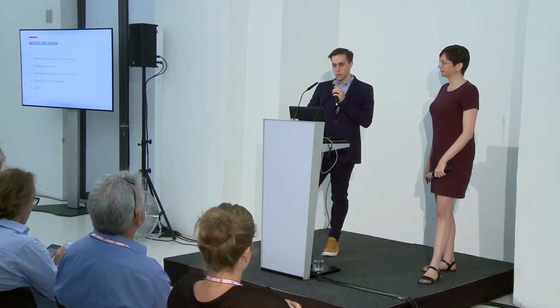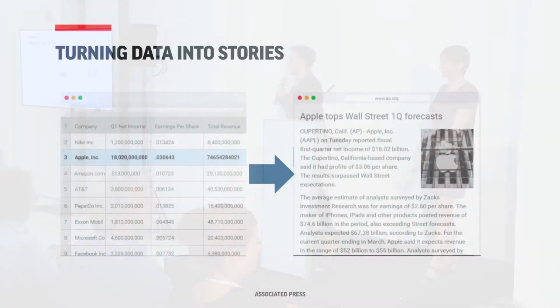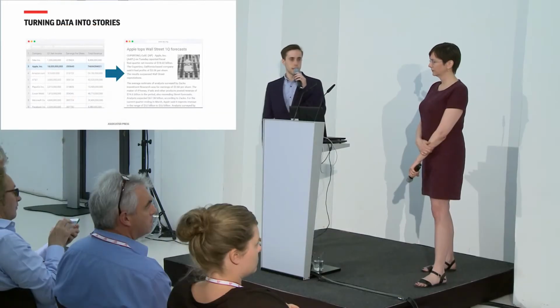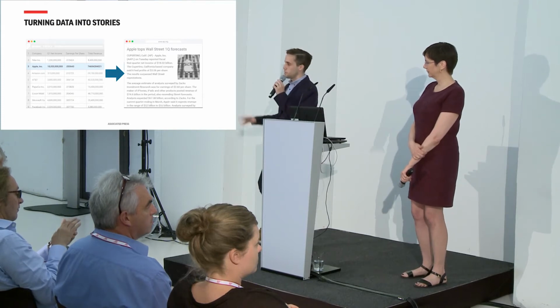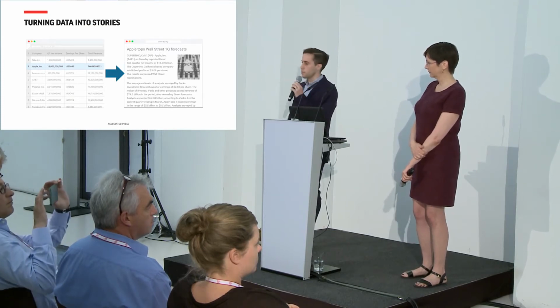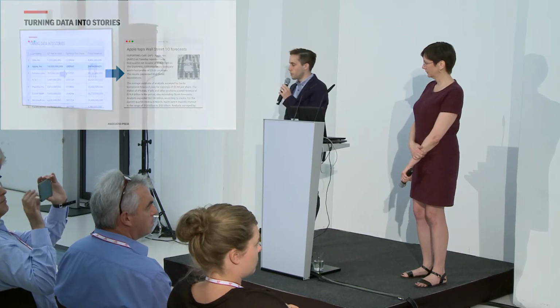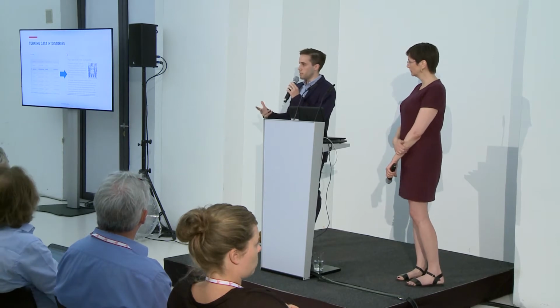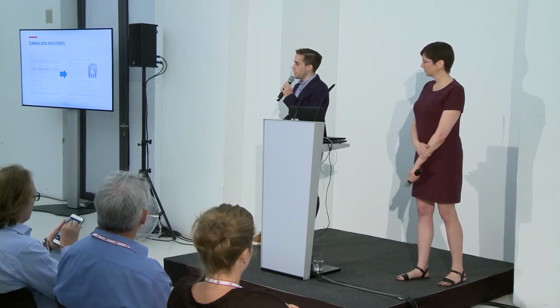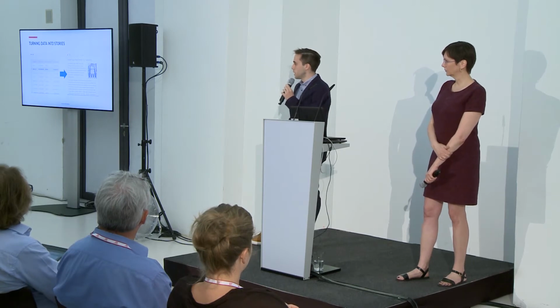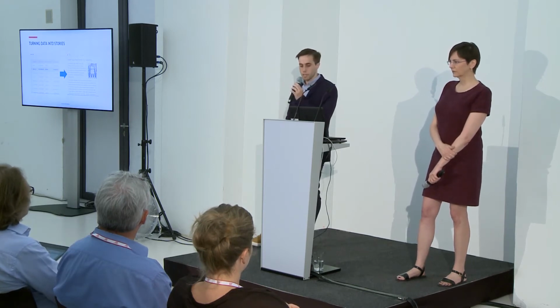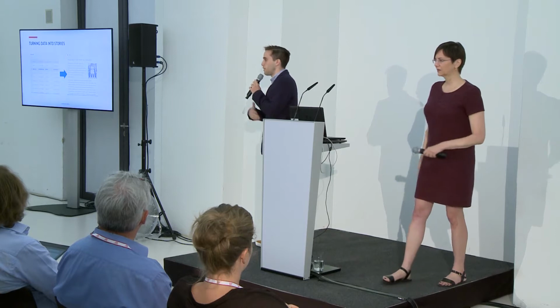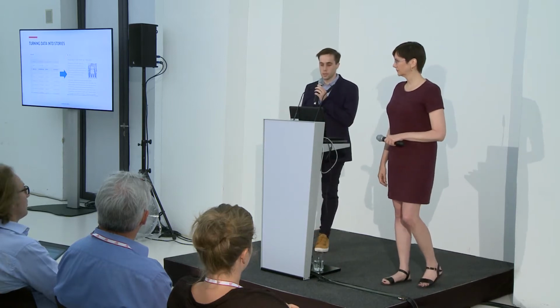One of the key projects that we started with was turning data into stories. That was the first example that Lisa alluded to. This uses a technology called natural language generation, and we'll go into detail later in our case study. What you need to know here is that you can turn structured data, so any information about, let's say, sports or finance, into written stories.